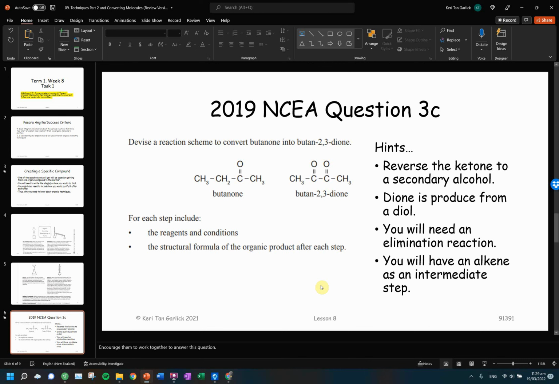So I want to see a carbonyl on carbon 2 and carbon 3. So the question is, how do I add both of those things together?